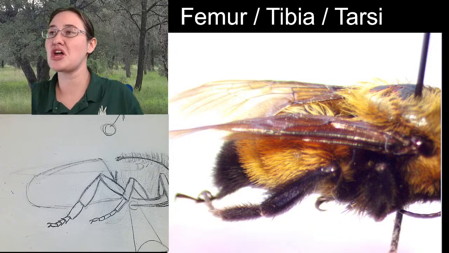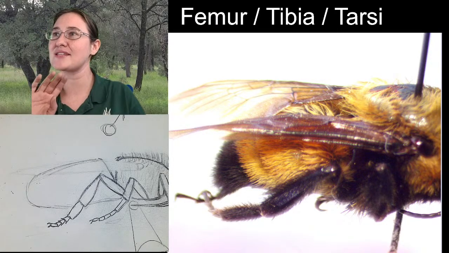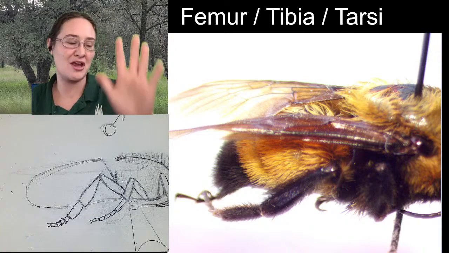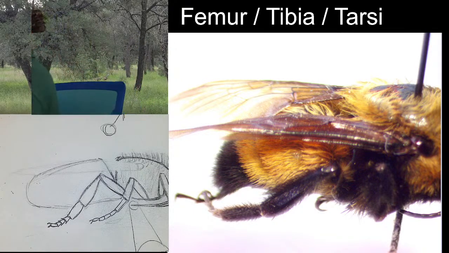What we really need to know are how many abdominal segments it has, and how many are yellow stripes, and how many are black stripes.